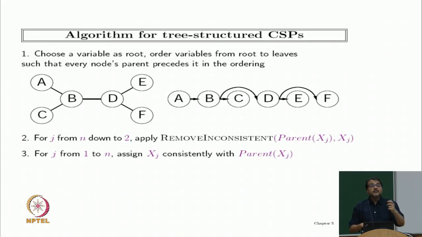I can simply assign it to D. And if I assign it to D based on arc consistency, I know that there is some value of E for it and there is some value of F for it. So that means I will be able to solve my CSP.